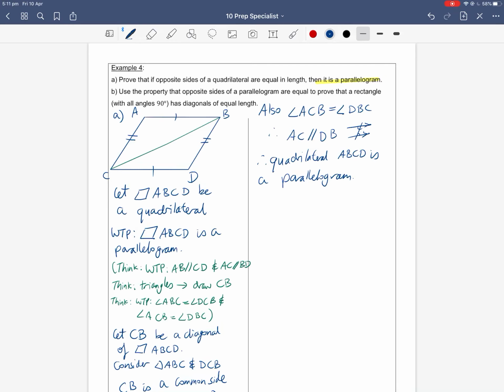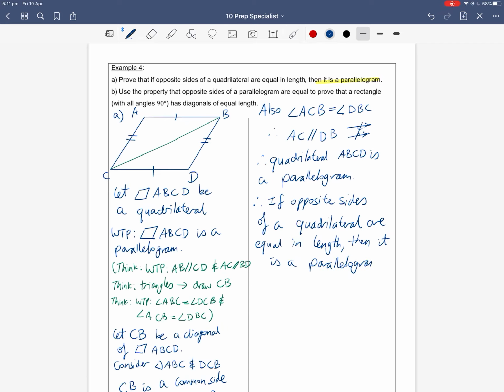So we finish off our proof by restating the statement we wanted to prove, which is therefore if opposite sides of a quadrilateral are equal in length, then it is a parallelogram.